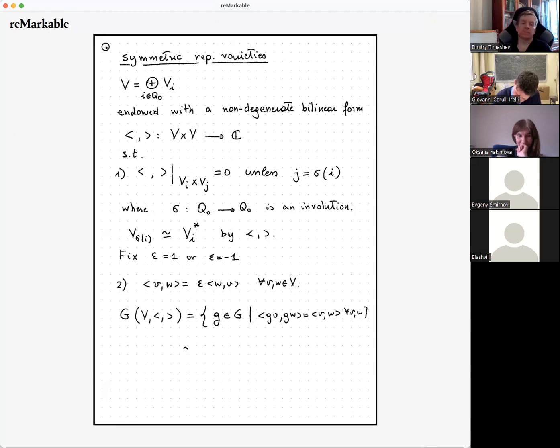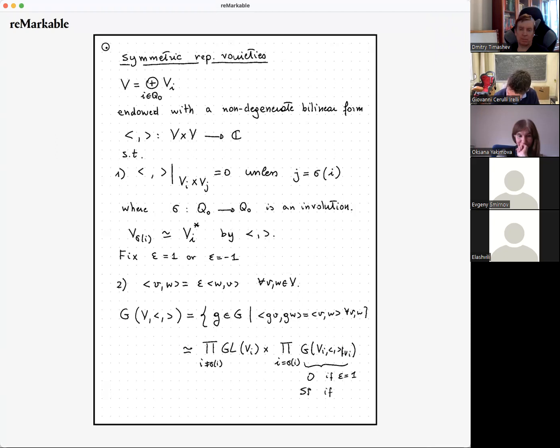this is very simple. It's just the product of GL(V_i) for i different than sigma(i), times some product over the vertices which are fixed by sigma, of the isometries of V_i with the restriction of the form on V_i. And this group is just orthogonal if epsilon is 1, or symplectic if epsilon is -1.